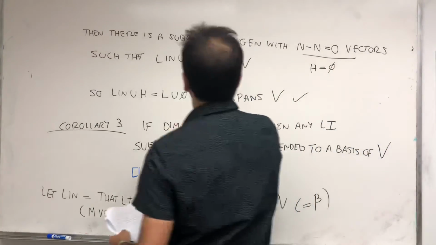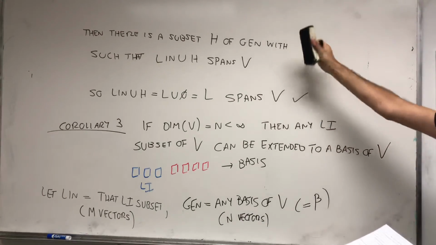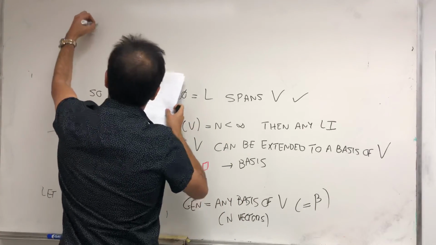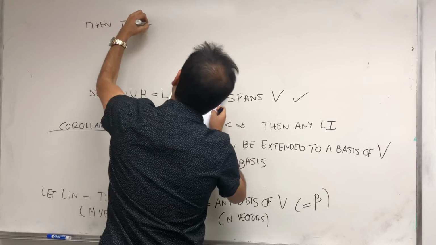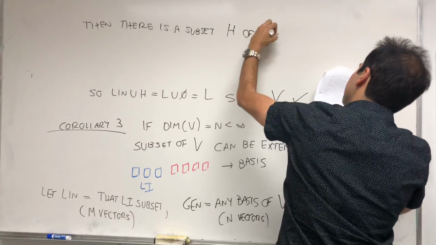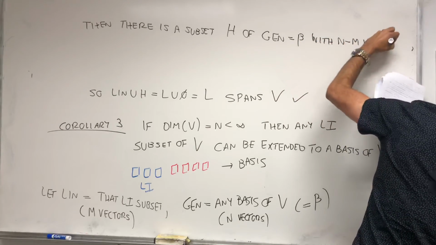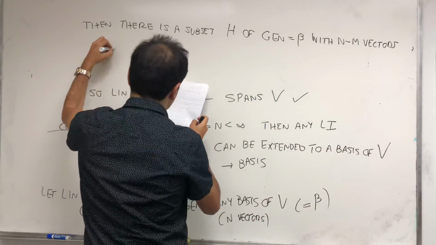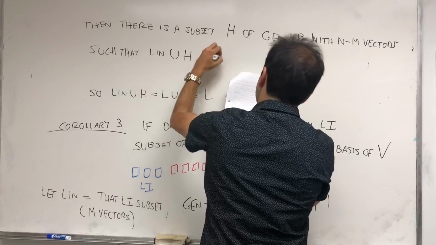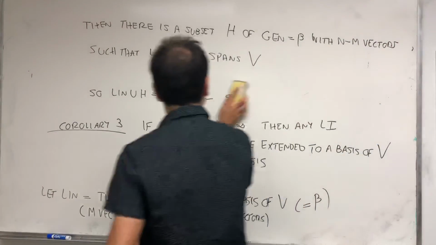So what does the replacement theorem say? In fact, there is a subset H of your basis beta with n minus m vectors such that L union H spans V. And here's something to understand.